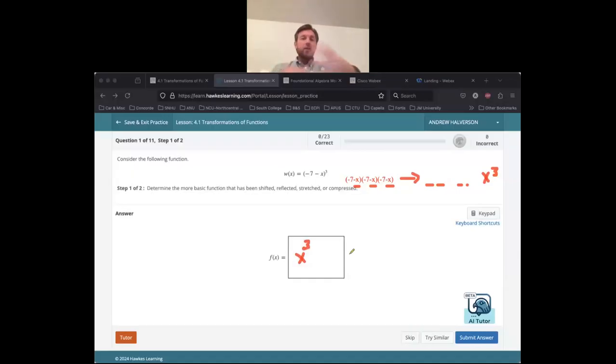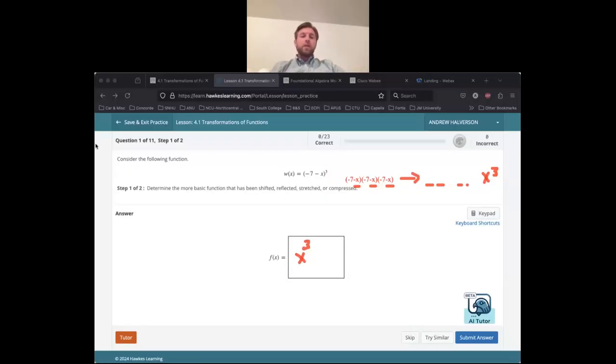They don't care about all the numbers, what it actually equals. They just want at its source, what's the parent function? What's it all coming from? So the quick way is to see I'm taking x and raising it to the third. Or the long way is to apply FOIL and find the basic one.